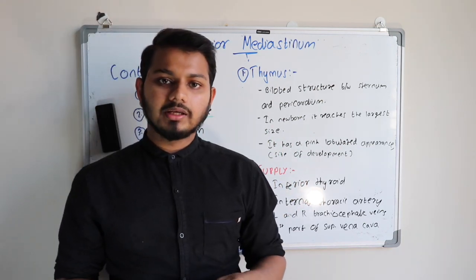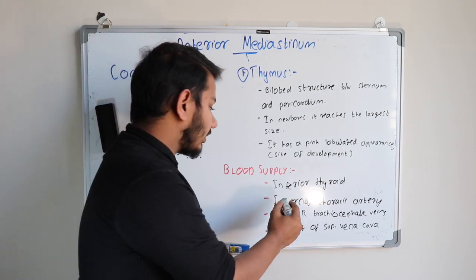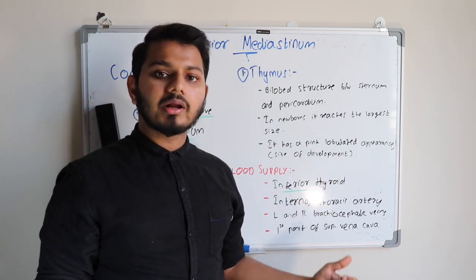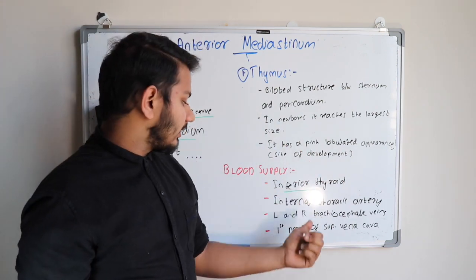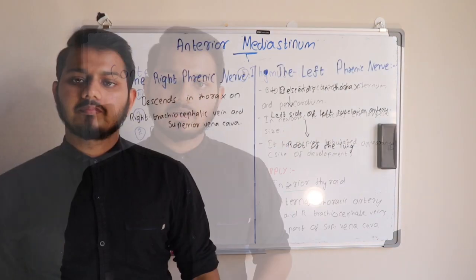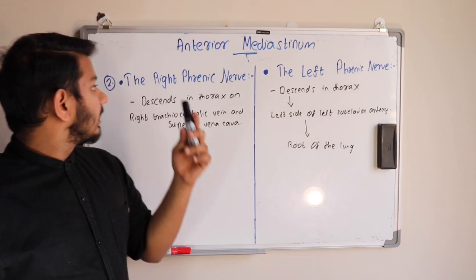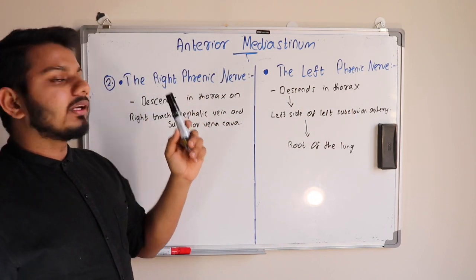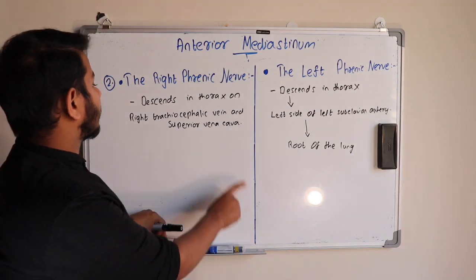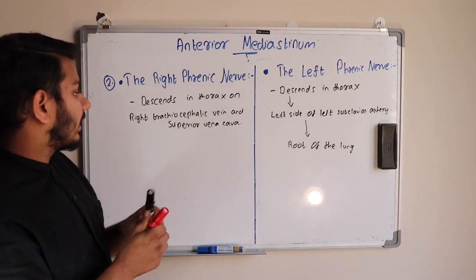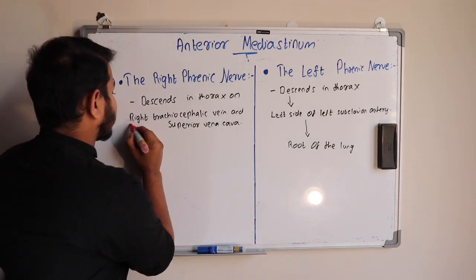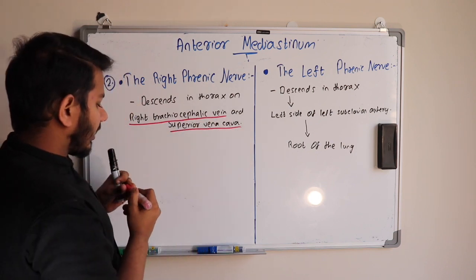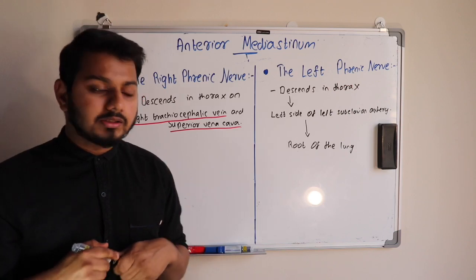The blood supply is the inferior thyroid artery, the internal thoracic artery, left and right brachiocephalic veins, and the first part of the superior vena cava. Next are the right and left phrenic nerves. The right phrenic nerve descends in the thorax on the right brachiocephalic vein and superior vena cava, and then it has two parts.